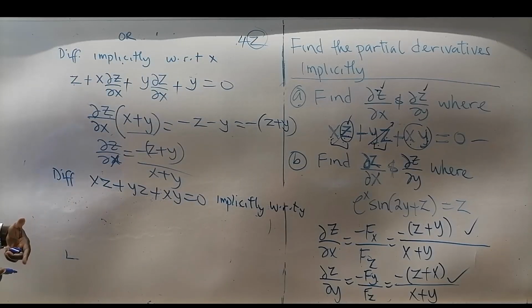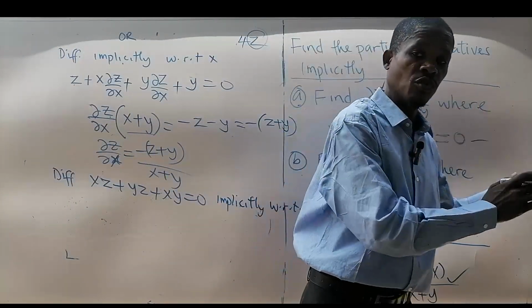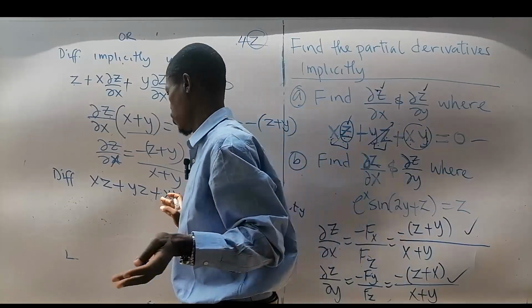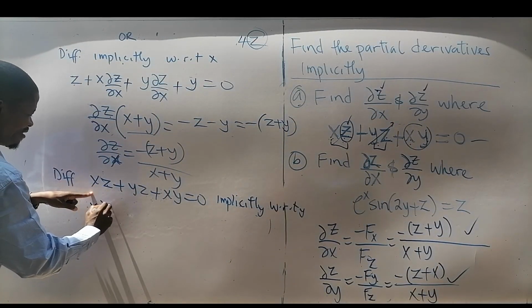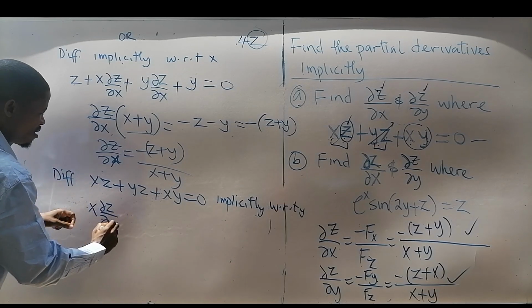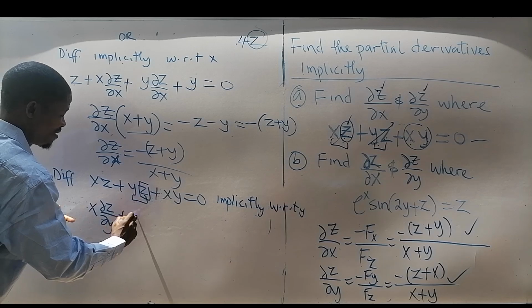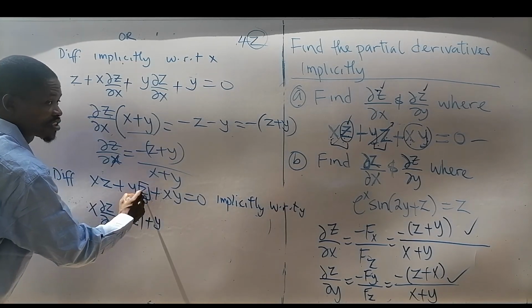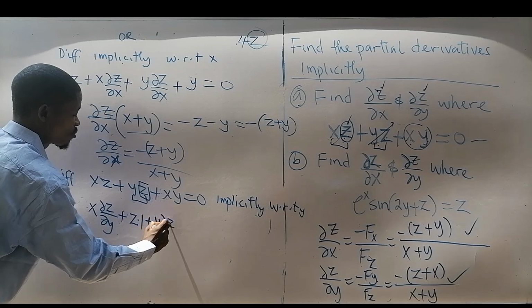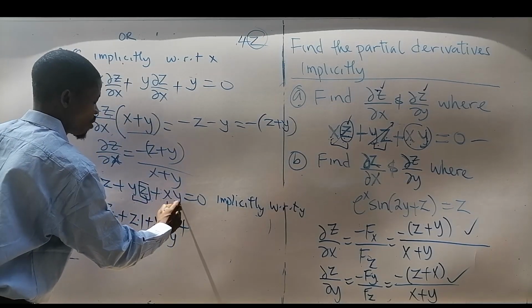You're given the equation with respect to y, and in that case now, when you are differentiating with respect to y, your x will be what? Will be constant. So we're going to have now x is constant. I'm having this. That will be del z del what? Del y, then plus. This one will involve product rule, so that will be z times what? Times 1, then plus. Now keep your y constant and differentiate your z with respect to y. Okay, then plus. Here also with respect to y.